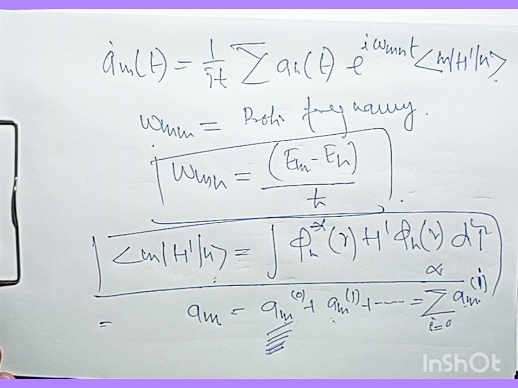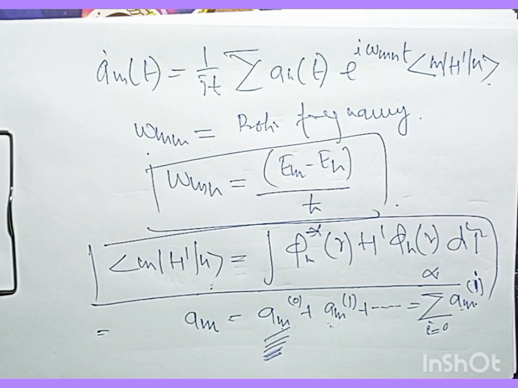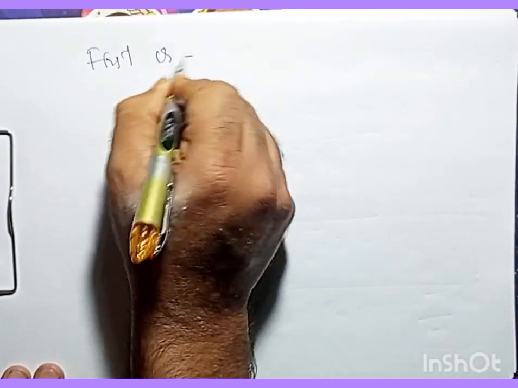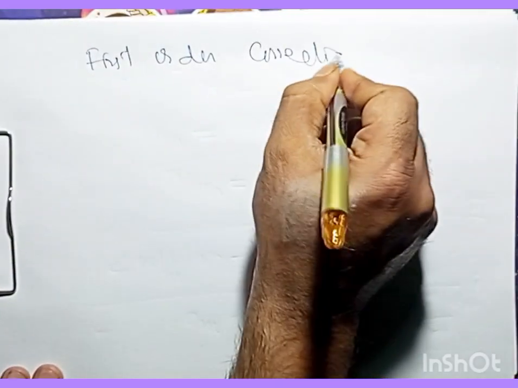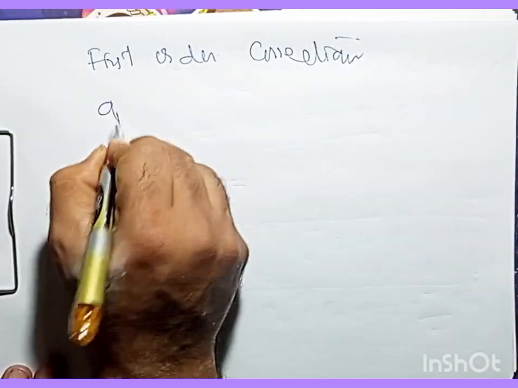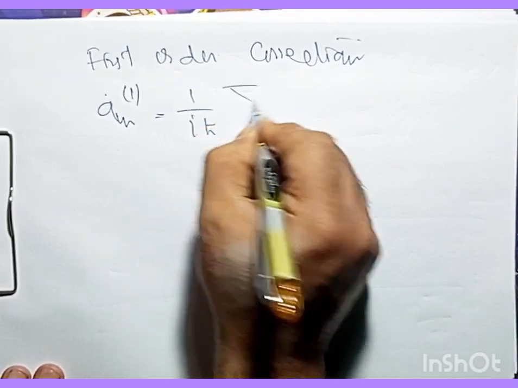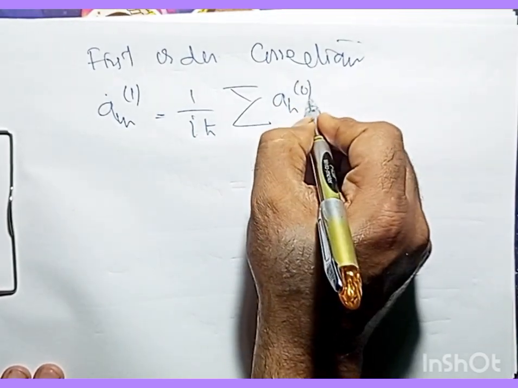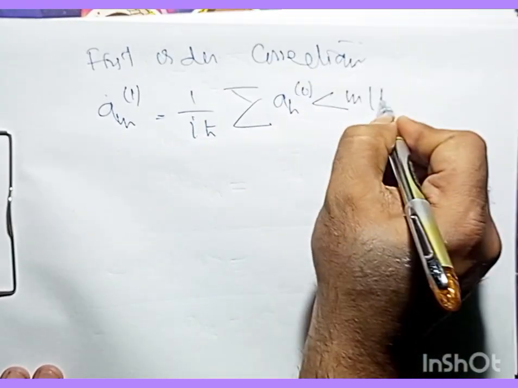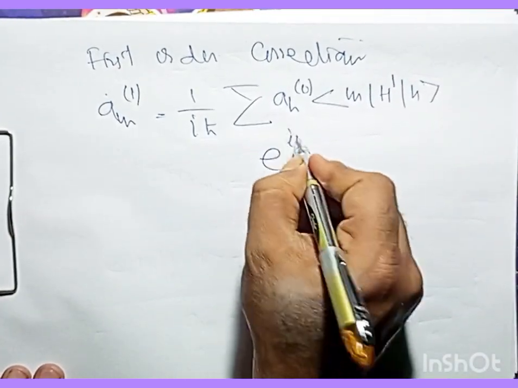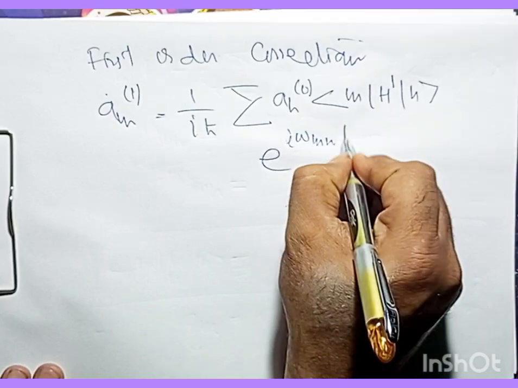Now, where from does the correction start? The correction will start from the first order. If I take the first order correction, that will be a m dot 1, that will be 1 by i h cross sigma a n of 0, the matrix element m h dash n, e to the power of i omega mn t.